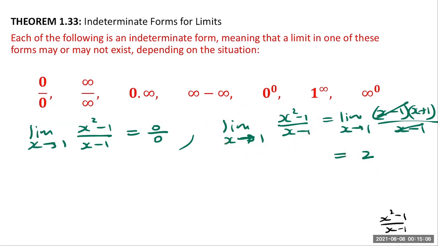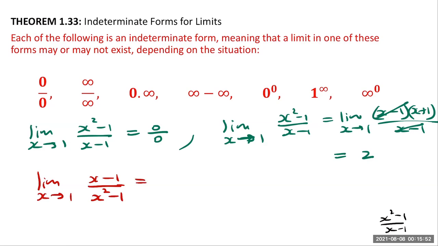Can you give me an example where you get this indeterminate form, but the limit does not exist? Well, try this one. Limit as x approaches 1, I switch the top and bottom, of x minus 1 over x squared minus 1.